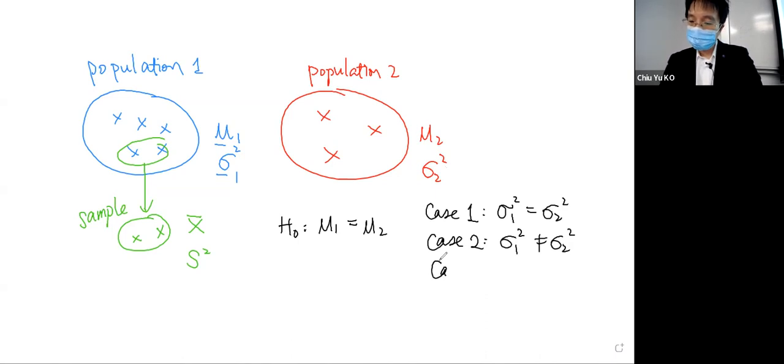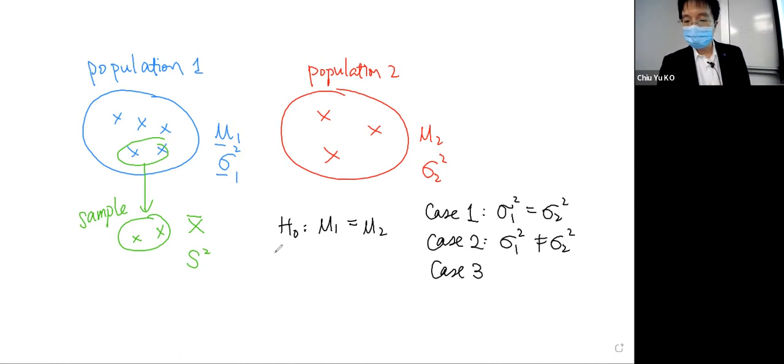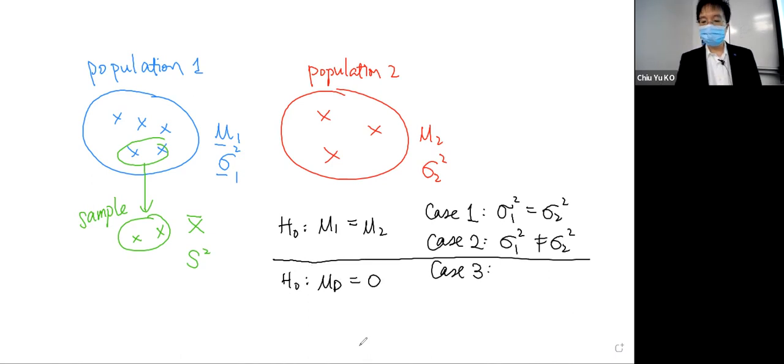And case 3 is not exactly this framework, but it's also a special case where each observation is linked. So instead, the null is mu of d is 0. How do you define d?